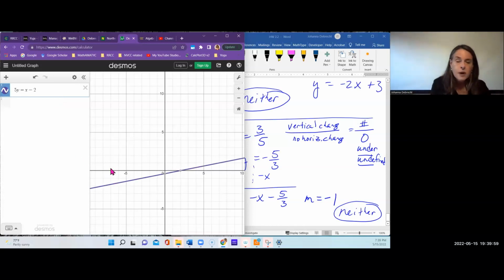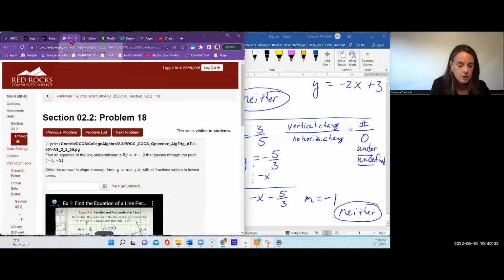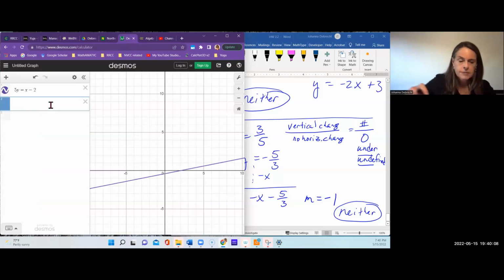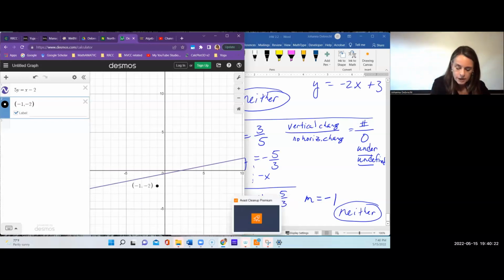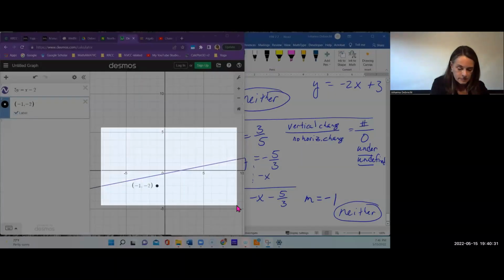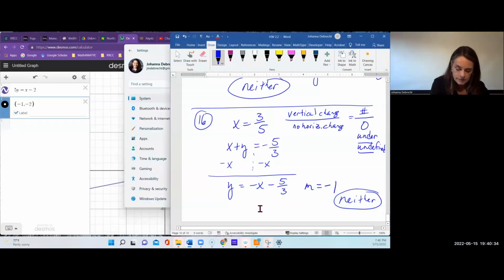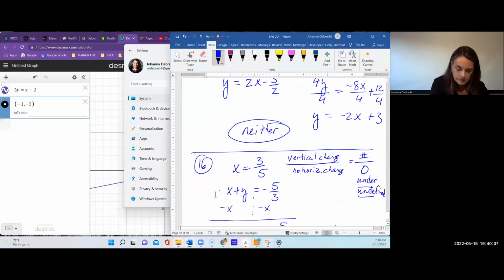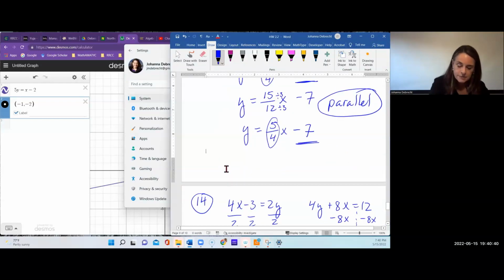Now we have the line 5y equal x minus 2. Now let's put on the point -1, -2. Now let's take a picture of it so that we can see it while we're working. I'm going to have to create some space here.